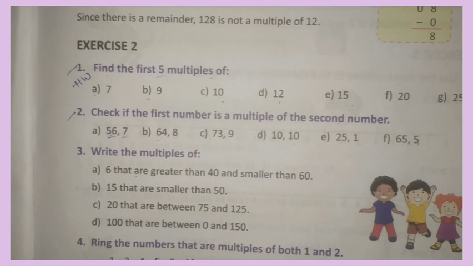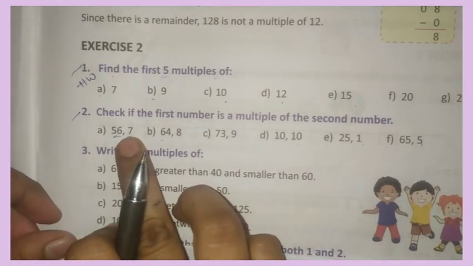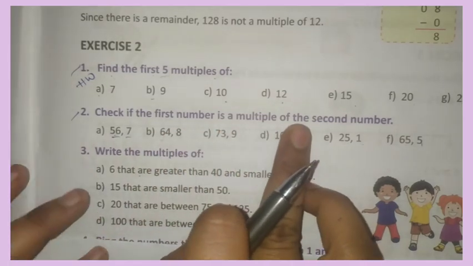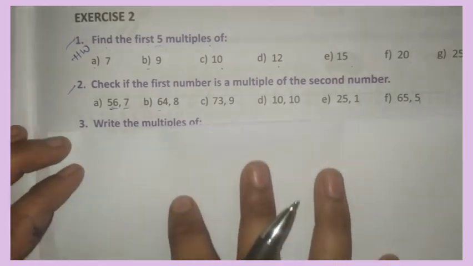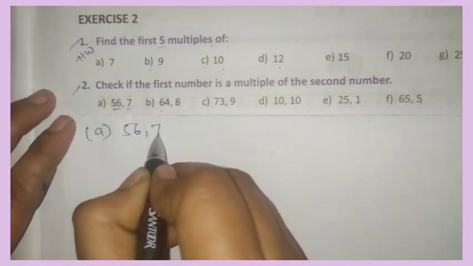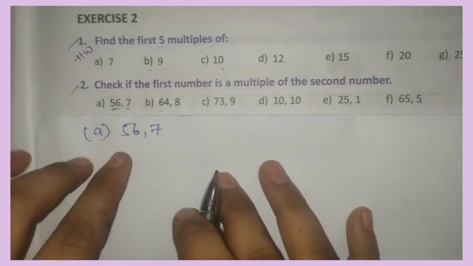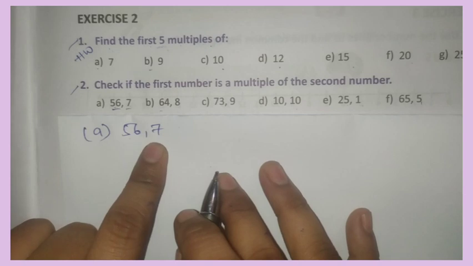To check whether the first number is a multiple of the second number, we have to do division like this. Look here, children, I will explain. 56 and 7 are given. We have to check whether 56 is a multiple of 7 or not.